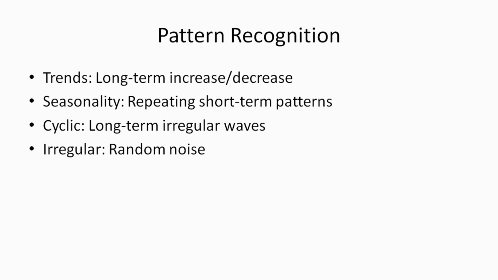The first is a trend that shows the long-term movement, and the second one is seasonality that captures the repeating short-term patterns in the data set. The third one is cyclic behavior that reflects the irregular long-term fluctuations. And the last one is noise that represents the random variations.